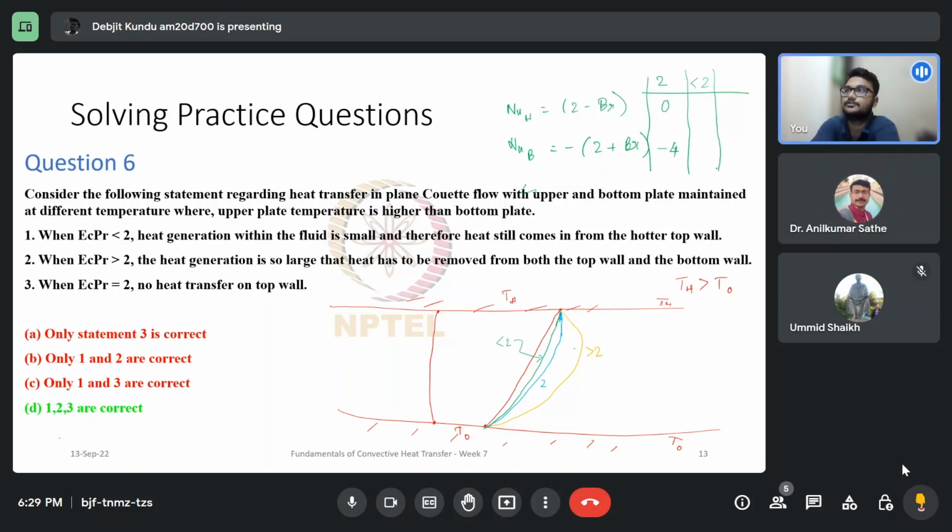If the Brinkman number is less than 2, then the Nusselt number at the top wall would be a positive value, greater than 0.